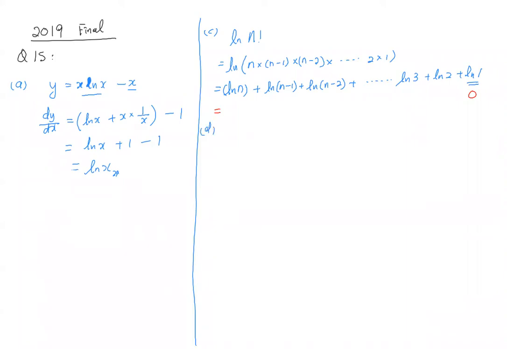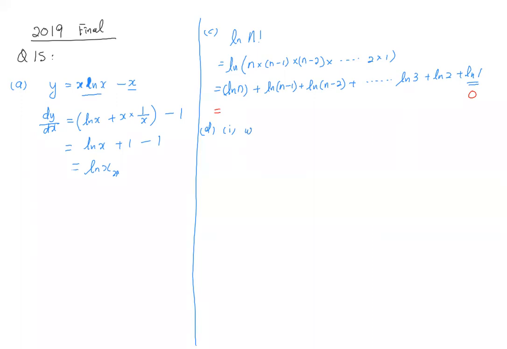Part 1. They say find the expression for the overestimate of the area between the graph of y equal to f(x) and the x axis from x equal to 1 to x equal to n using n rectangles of equal width.